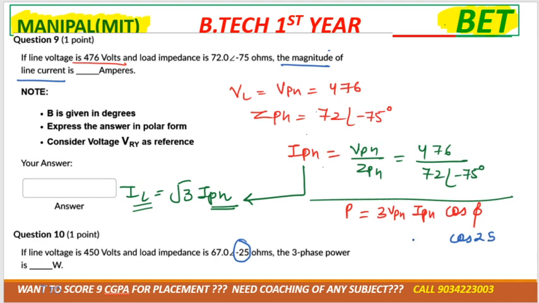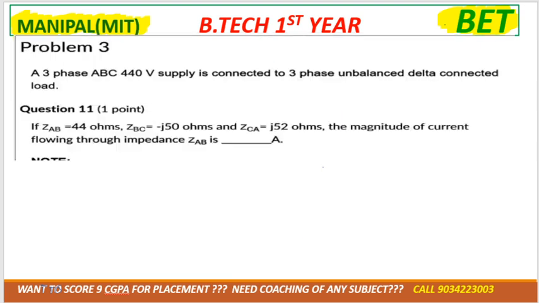IPH is VPH by ZPH, so 450 divided by 67, because for the calculation of power we don't want the angle, we'll take only the magnitude. So VPH is this one, ZPH is this one, 3 as it is, VPH is 450. So solve it, then you will get the value for the power.